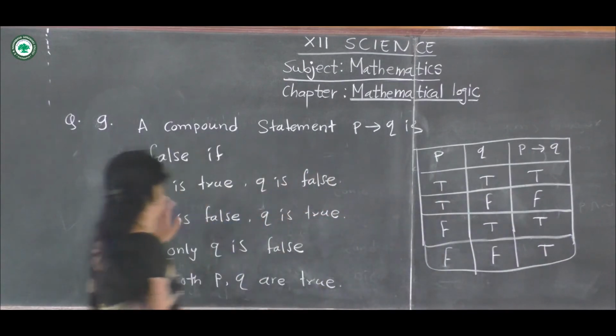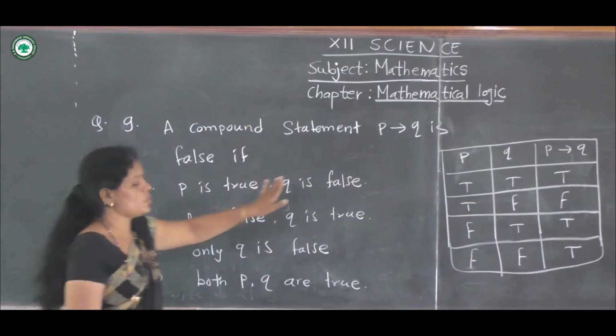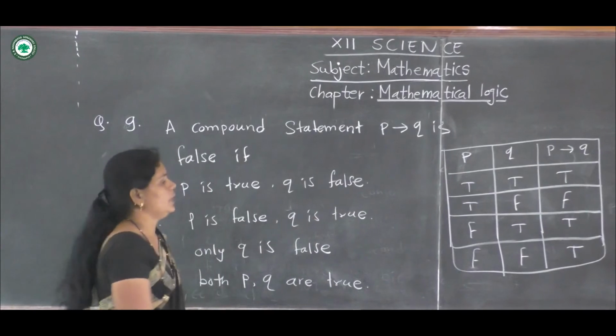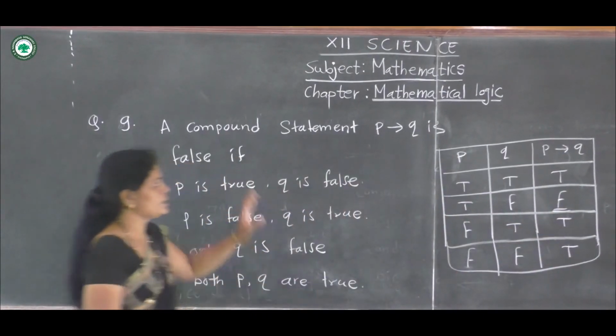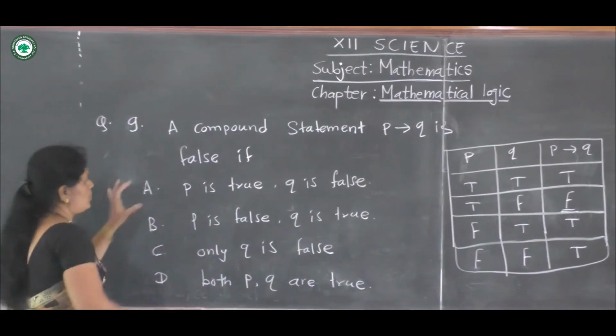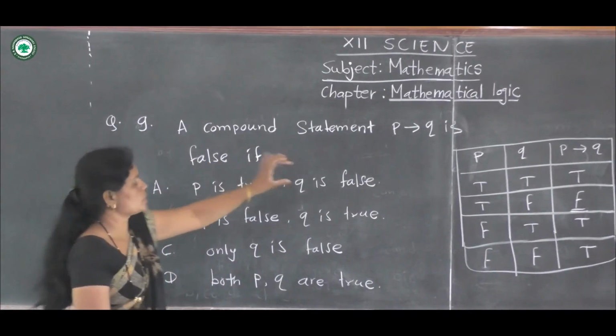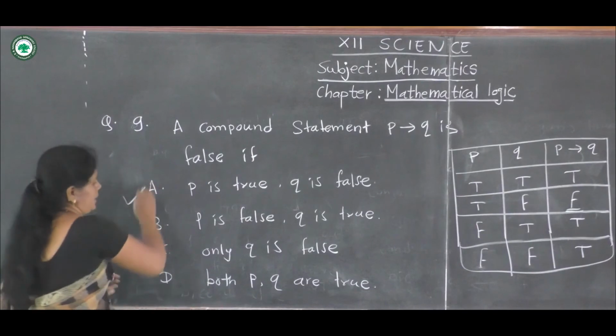Therefore, the first option, P is true and Q is false, is correct.